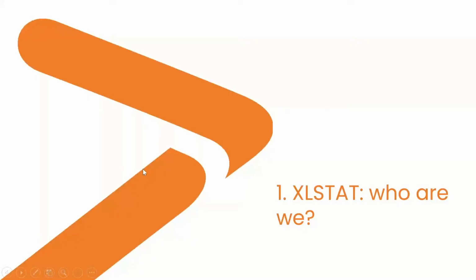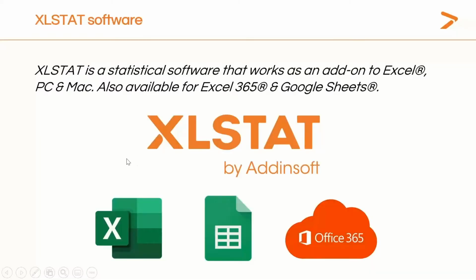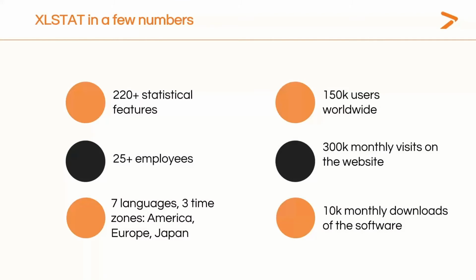Okay, but first, let me tell you a little bit about XLSTAT. XLSTAT is a statistical software that works as an add-on to Excel on PC and on Mac. It's also available for Excel 365 and Google Sheets, so you can also use it on the cloud. XLSTAT in a few numbers holds more than 220 statistical features.